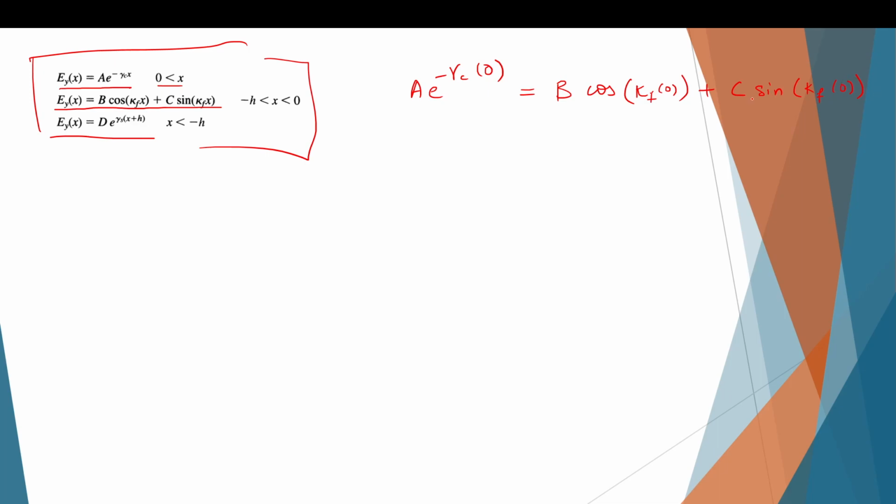Now sine 0 is 0, and cos 0 is 1, so this will become b, and e power 0 is 1, so this will become a. So we already got b in terms of a, that is, they are equal.